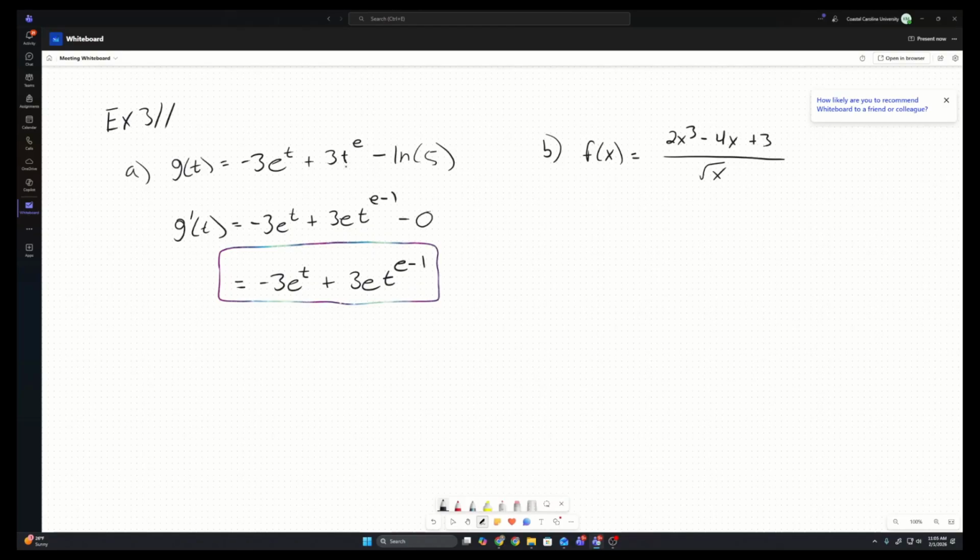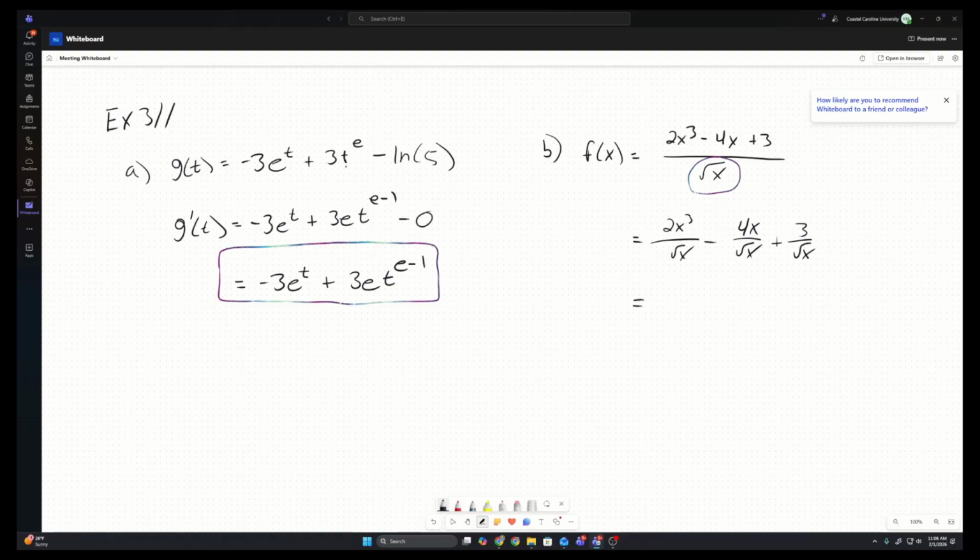So usually when you hit a question like this, what's easier to do is divide this through and hopefully things work out. In this case, it's good because if we look at the bottom, it's just the square root of x. If this was more than that, we'd have a problem. But since it's a single term, a monomial, square root of x, we can divide this through, and that's what we should do. So I'm going to rewrite this as 2x cubed over the square root of x minus 4x over the square root of x plus 3 over square root of x.